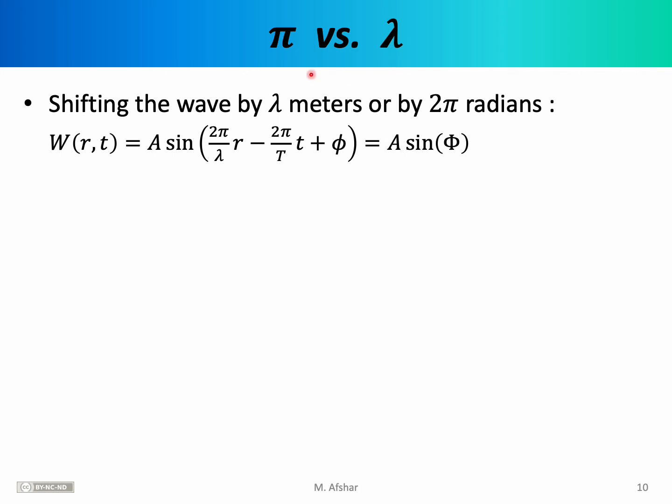To better appreciate the difference between these two and also their connections, note that shifting a wave by lambda meters is equivalent to shifting it by 2 pi radians. Here's what I mean.